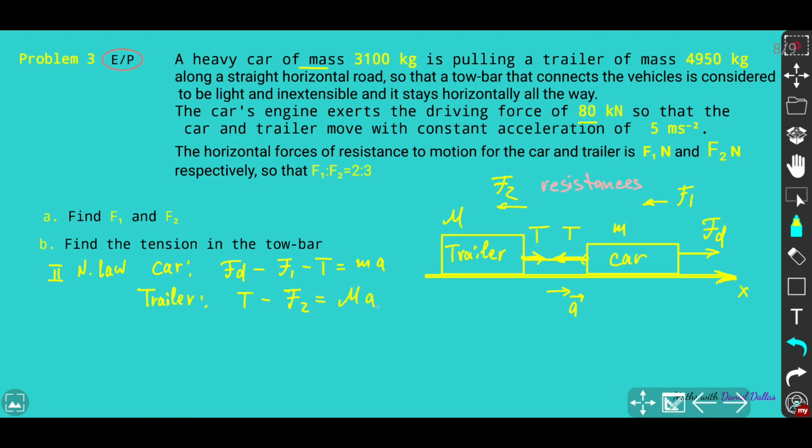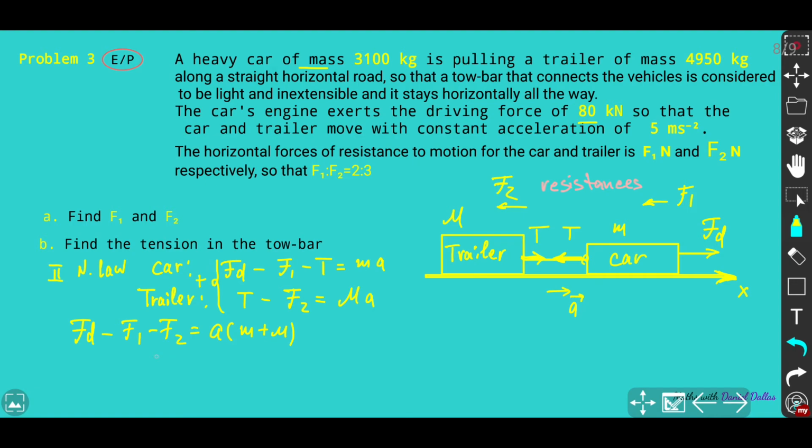And what we can do is get rid of the tension, so we add them up, and we get driving force minus F1 minus F2 equal to A factorized, and on the right side the total mass. So this equation is one we could derive from the connected model, as if we consider the two objects as a single one.